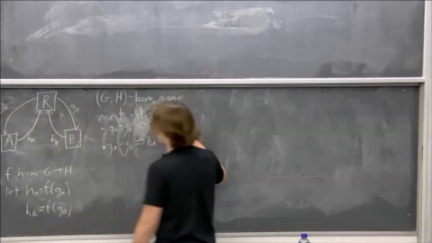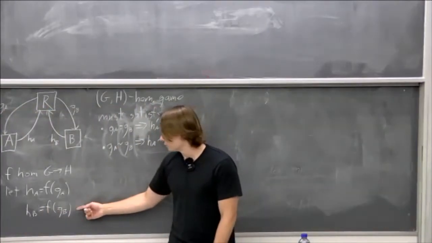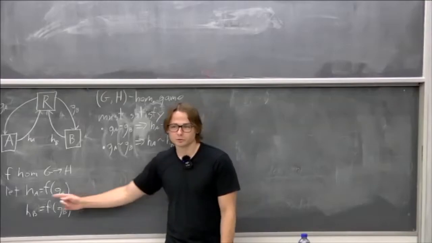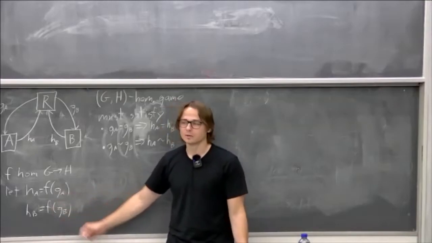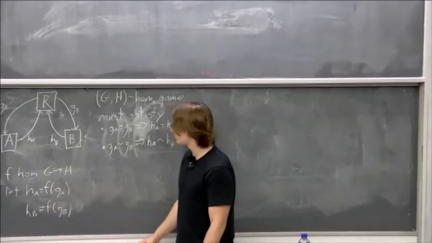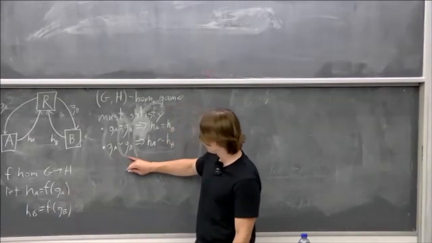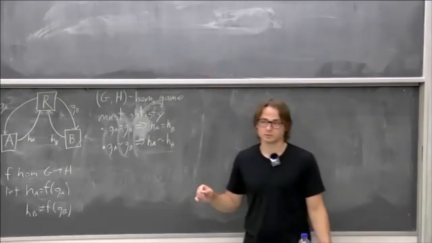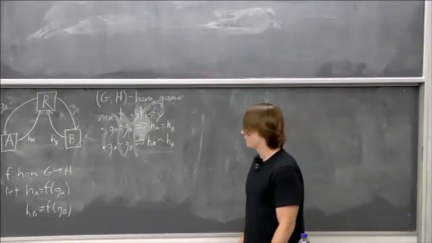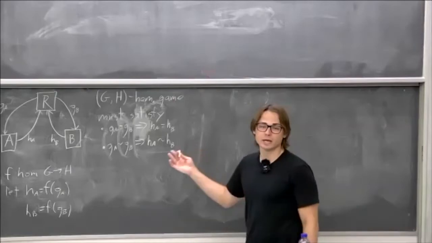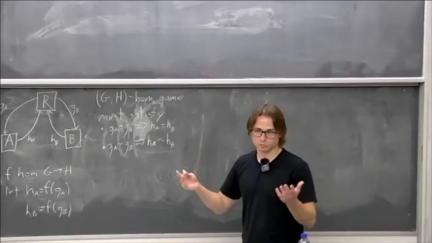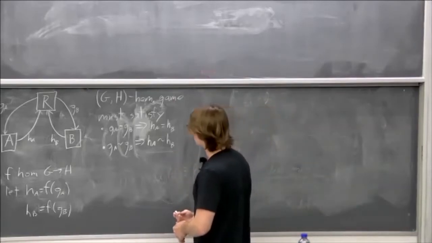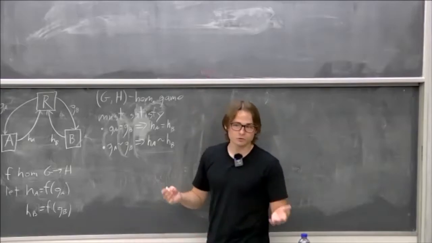Of course, the first condition holds, because if g_A and g_B are equal, then H_A and H_B are equal. And since f is a homomorphism, if the two vertices were adjacent, then H_A and H_B will be adjacent, just by definition. So if you have a homomorphism, then you can win this game perfectly, or with probability 1. And it turns out the converse is also true.